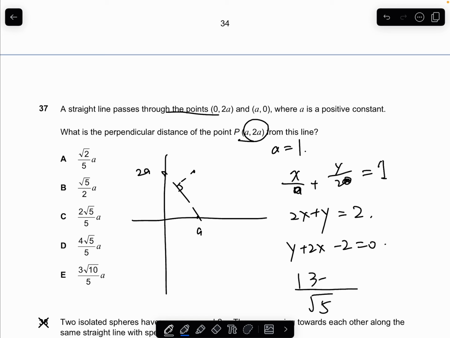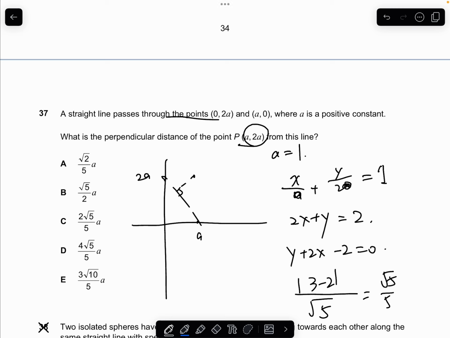This will be, wait. Am I wrong? Oh, 1, 2. So it's 4.